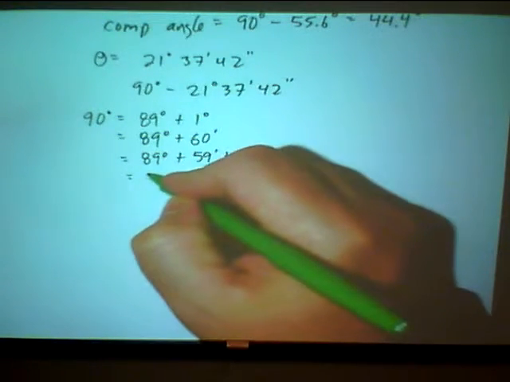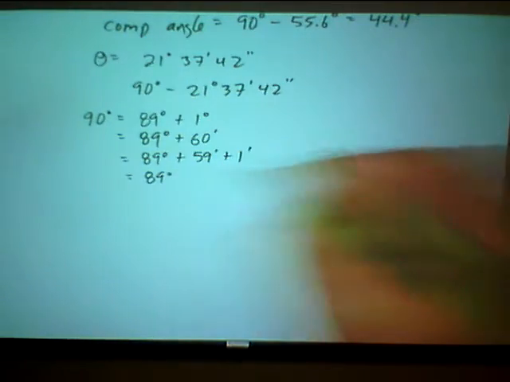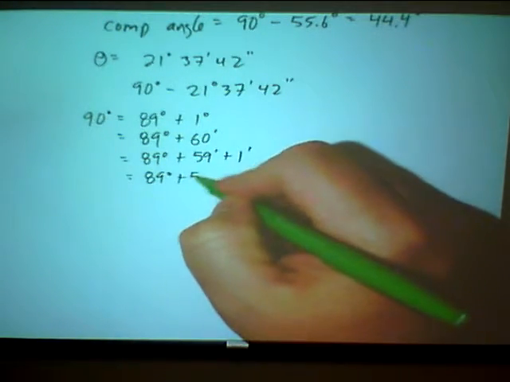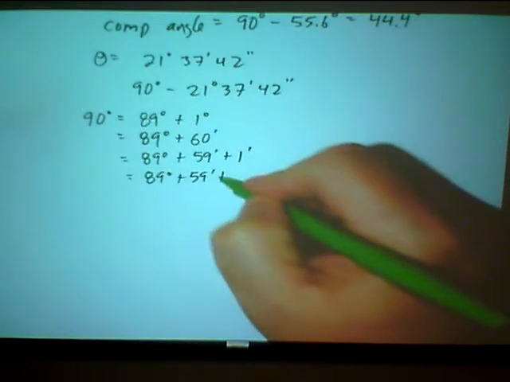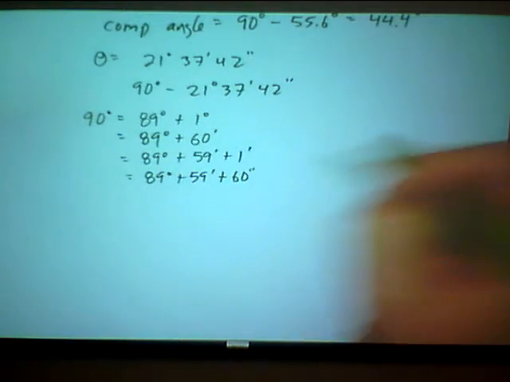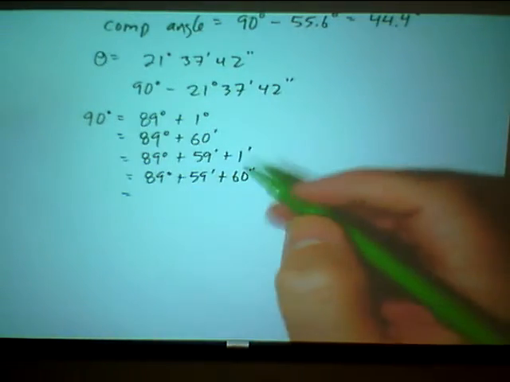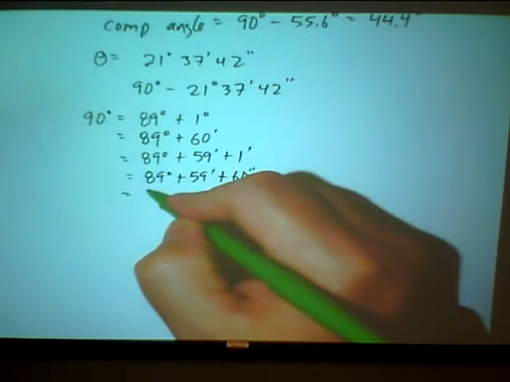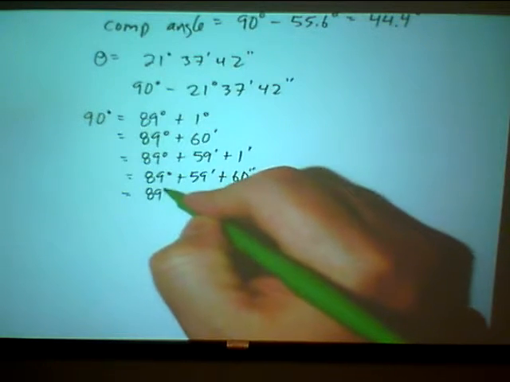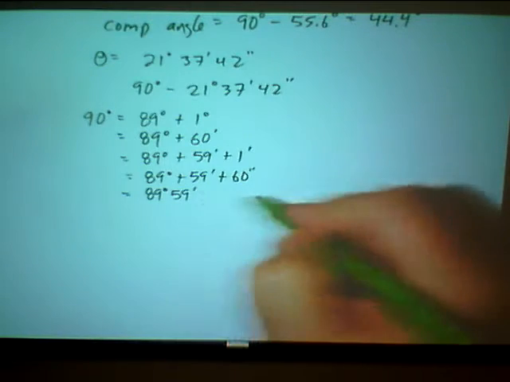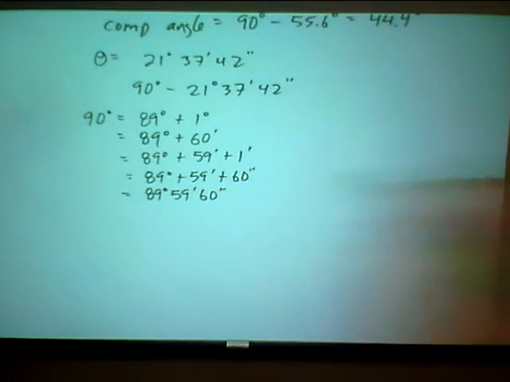So when it's all said and done, I can rewrite 90 degrees as 89 degrees plus 59 minutes plus 60 seconds. And normally when we write this, we would take out the addition signs, and we would say 90 degrees is the same thing as 89 degrees, 59 minutes, and 60 seconds.